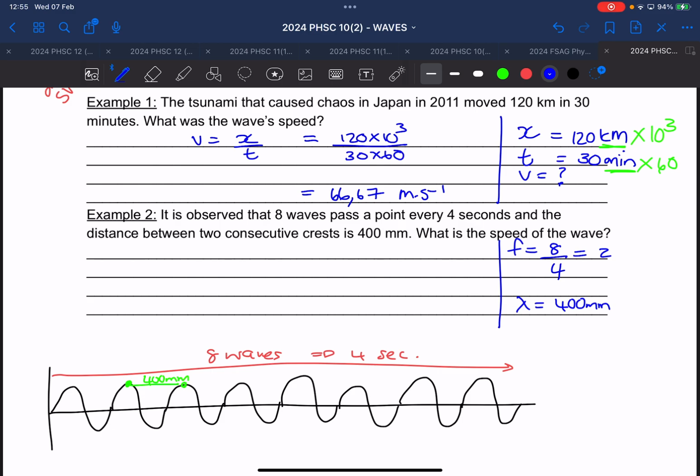But, millimeters. Do we work in millimeters? We work in? So how do you go from millimeters to meters? We just did a whole chapter on that. We practiced it. Go back to that chapter.